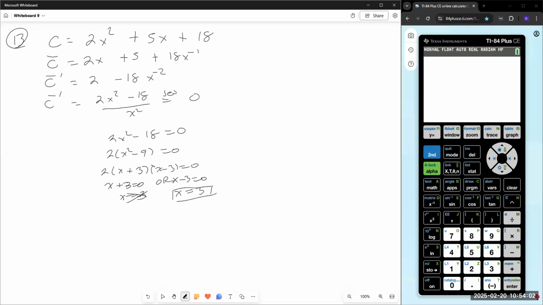Let's verify that with C bar double prime, which is going to be positive 36x to the negative third, or 36 over x to the third.